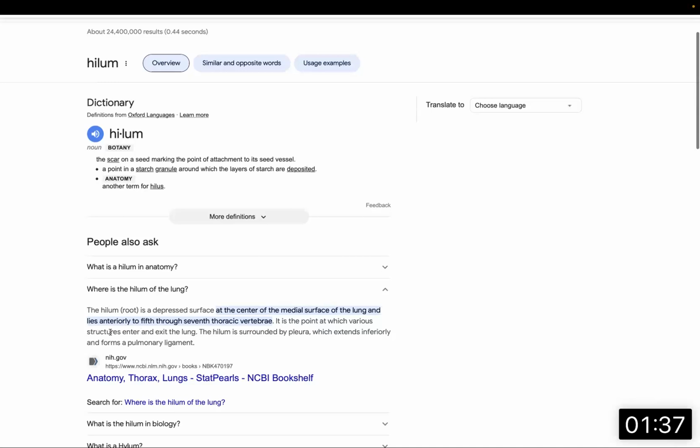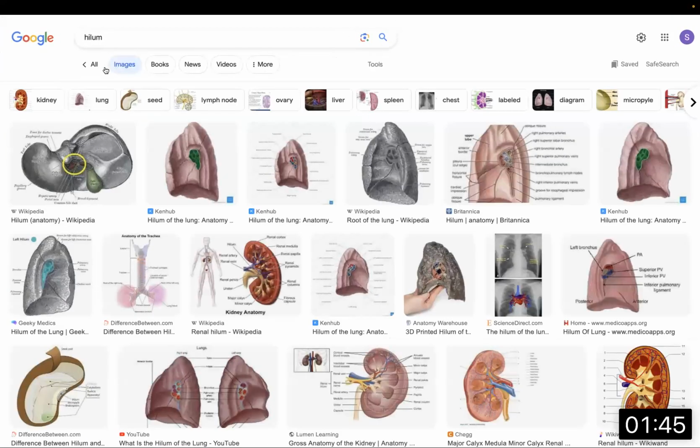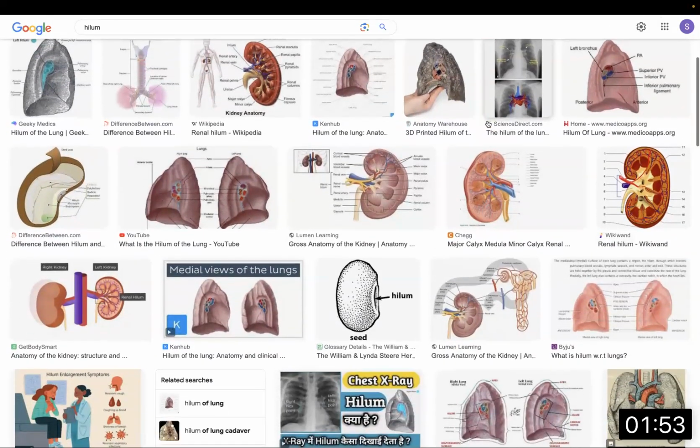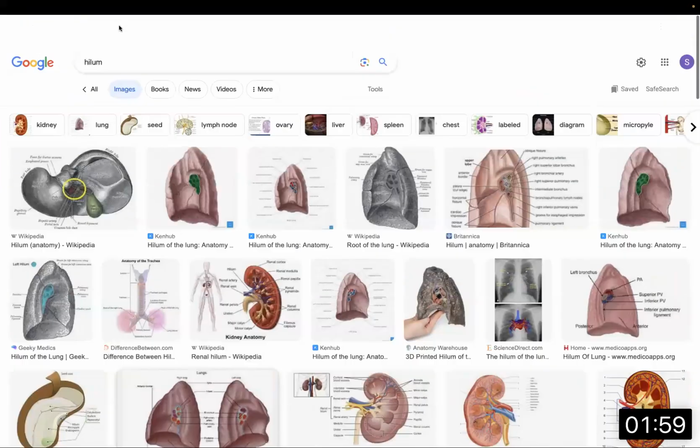The point at which various structures enter and exit the lung. So the point at which the bronchi enter the lung. Okay, where it's entering. So on the right side it is anterior, on the left side it is superior.